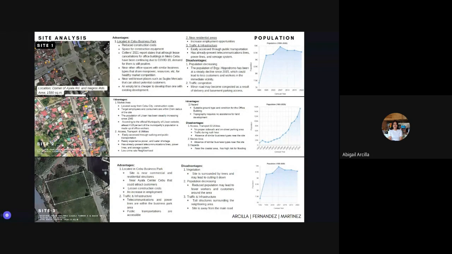The target employees and consumers are within a 2 kilometer radius of the site since it is located in a commercial and residential area. The population of Liloan has been steadily increasing since 1948, and it doesn't show any sign of stopping. According to the official municipality of Liloan website, at least 4.28% of the municipality's population is made up of office workers.